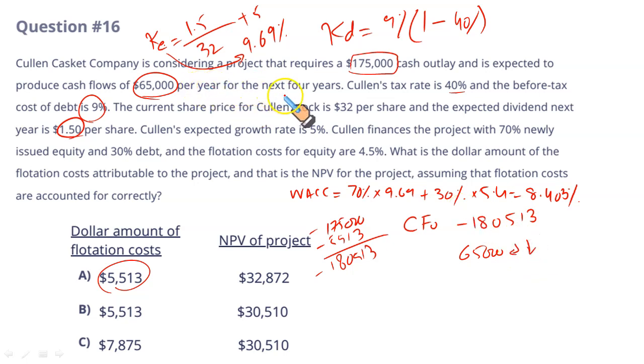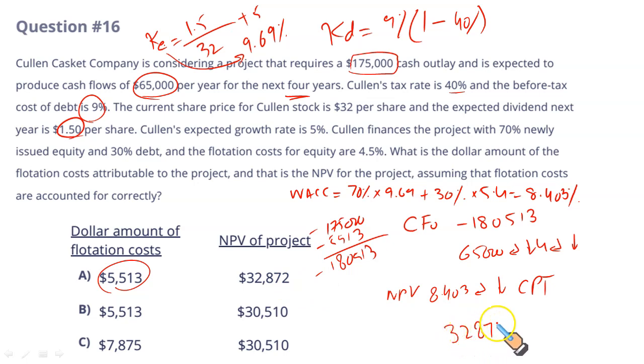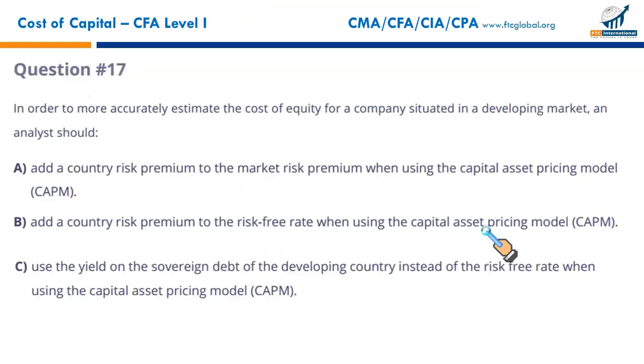Since they are occurring 4 times, the frequency is 4, you will enter 4, enter, down arrow key, press the NPV key, press this discount rate 8.403, enter, down arrow key, press CPT. You will get your net present value which will be 32,872 point something. That will definitely be option A, right? So simply use these keys, enter the data, and you will get your result. So that makes A the correct option.